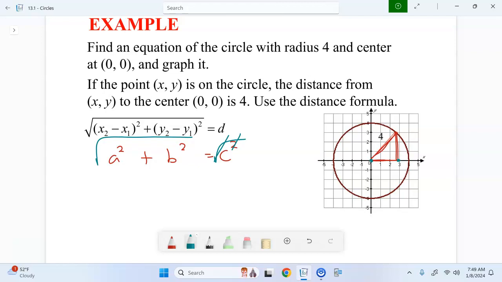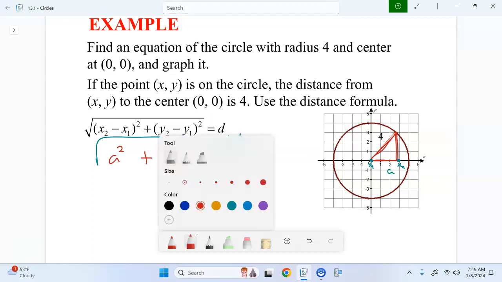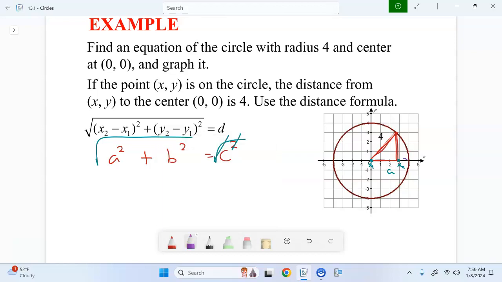The distance from here to here is the difference in the x values, x2 minus x1. That gives us side length a. And then the vertical line will be the difference of the y values, y2 and y1. We find that distance by subtracting those values to get b. So the distance formula is just a reworking of the Pythagorean theorem.